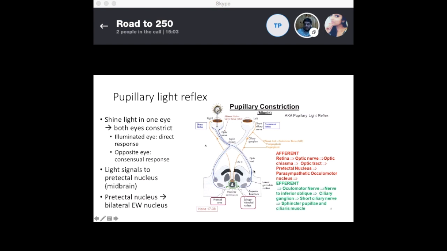Since the optic tract does cross, you may still get a constriction response on the other side. And then the efferent is if you have any oculomotor injury and you're not able to receive any responses back, you may not see constriction. And again, it's through the short ciliary nerve to the sphincter pupillae. Any questions about the pupillary reflex for now?